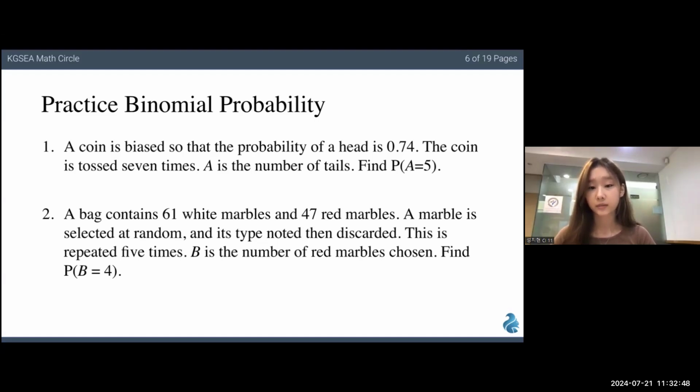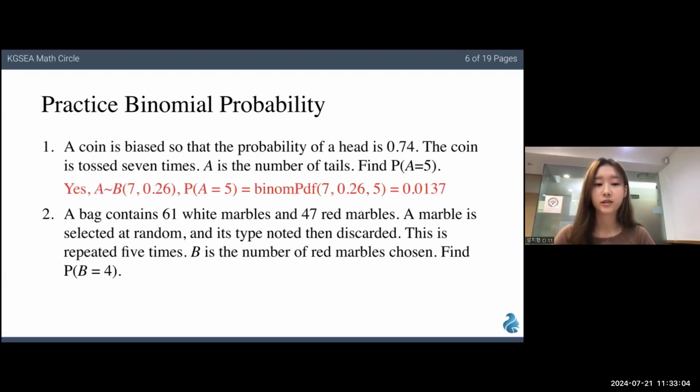First, since we have a fixed number of trials, 7 times, and the given probability of a head, 0.74, and A is the number of tails, you can quickly realize that the probability for tails is 1 minus 0.74, which is 0.26. And using the calculator, you should have received binom PDF 7, 0.26, and 5. So the answer should be 0.0137.